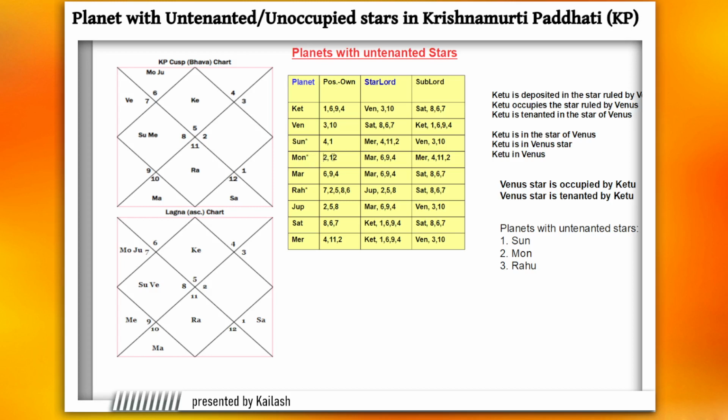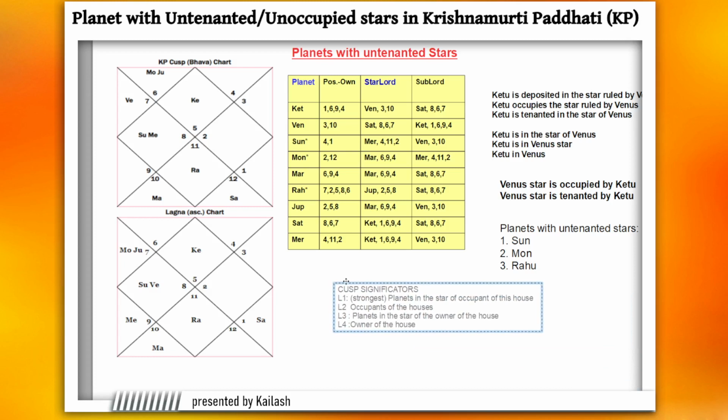When you write like this, the signification of moon for this particular house, that's the 12th house, is just at level 1. But if you look at the signification table from this angle, where you are not looking from the planet angle, but you are looking at the significator from the cusp angle, what are the rules for the cusp significator?